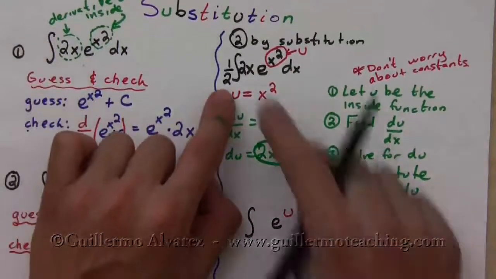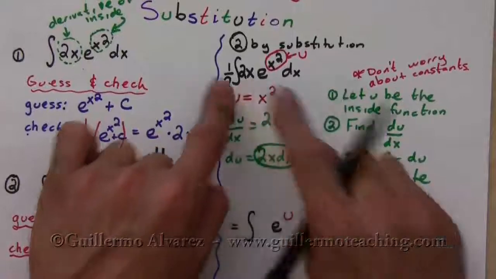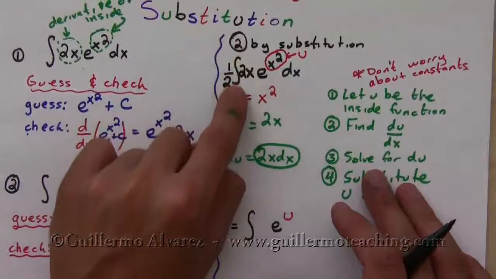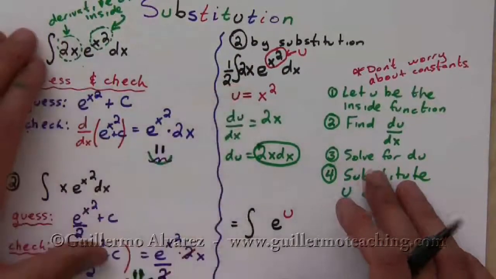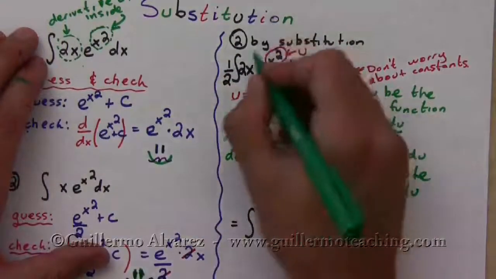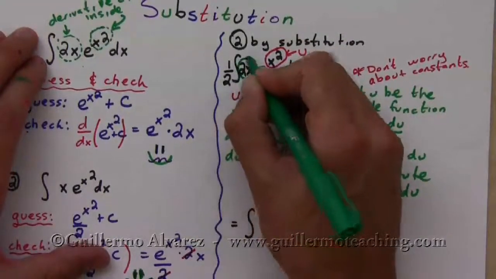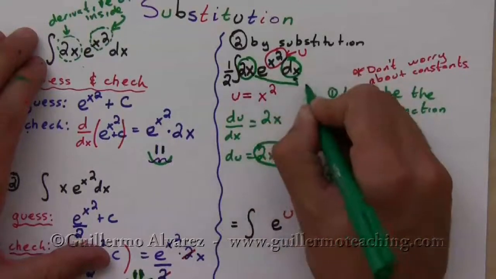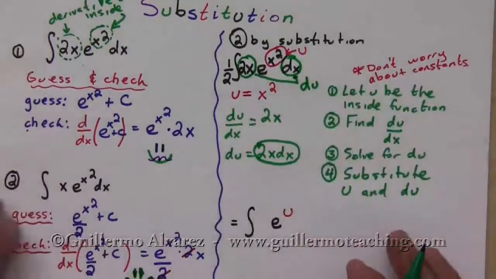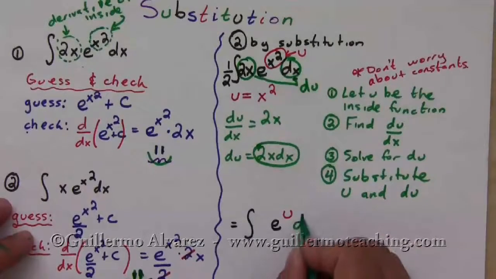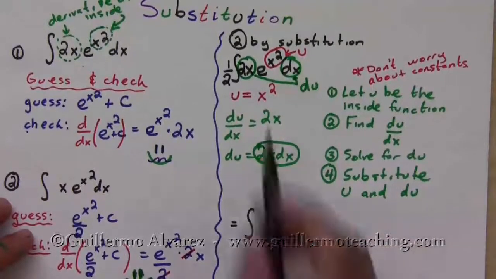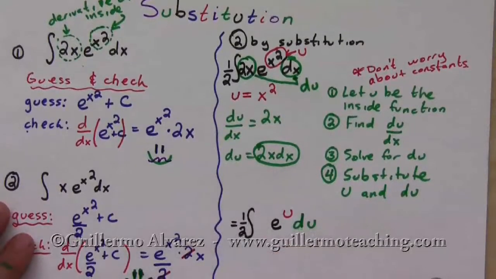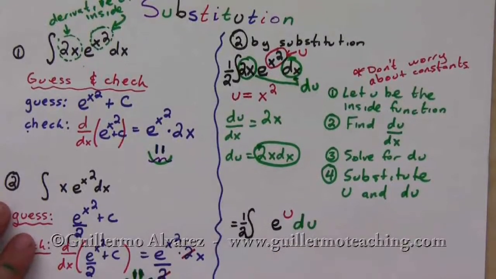I'm allowed to do this because 1/2 times 2 is just 1, and I can always multiply an expression by 1 if I feel like it, because I'm not changing it. But now, check this out. This 2x dx put together is du. And so then what I have is du, and then an extra 1/2 on the outside. And so I have accomplished my goal.